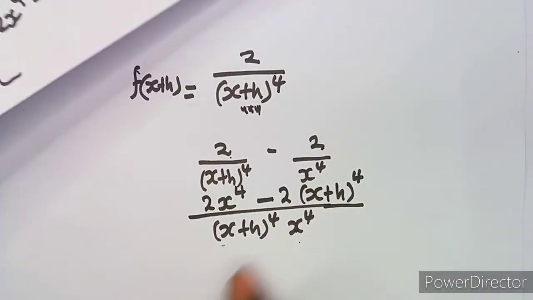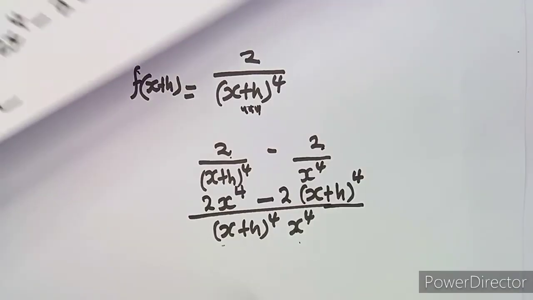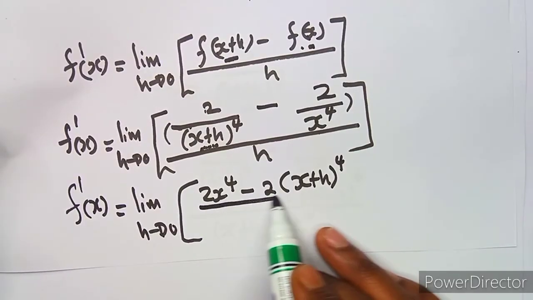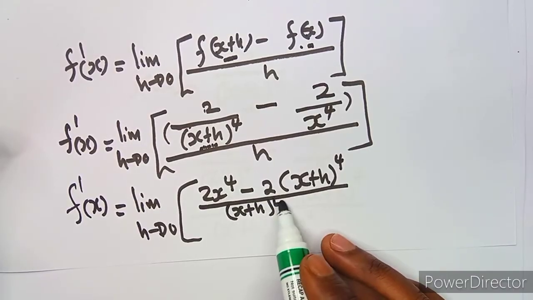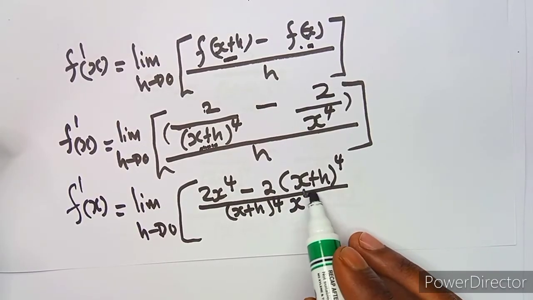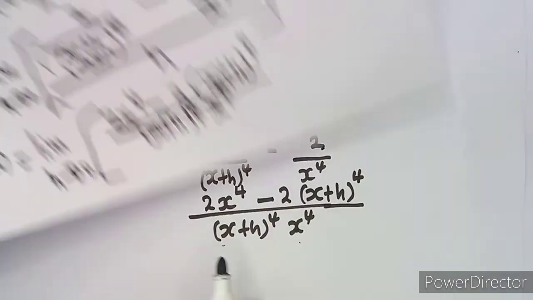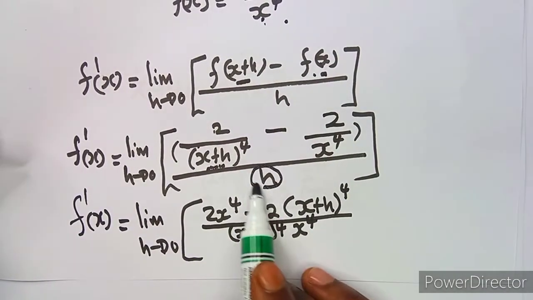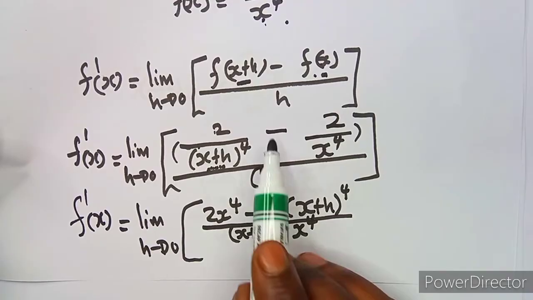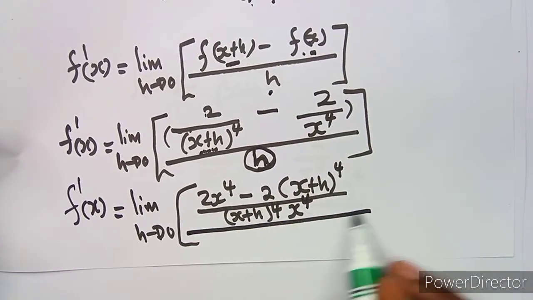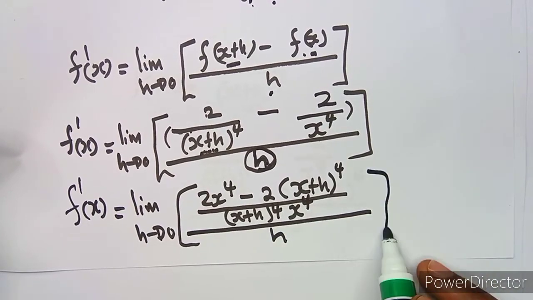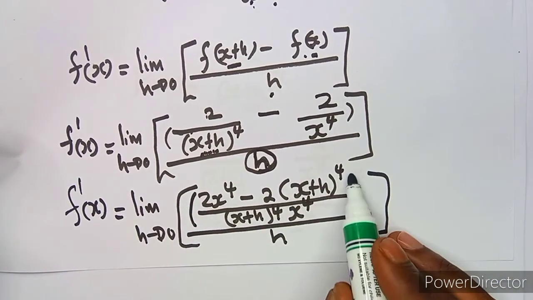Take note, there is this denominator here, over (x plus h) to the exponent of 4 times x to the exponent of 4. Then we have this h, which is the one from the question, so it's everything over h, like this. Take note, this is one fraction.